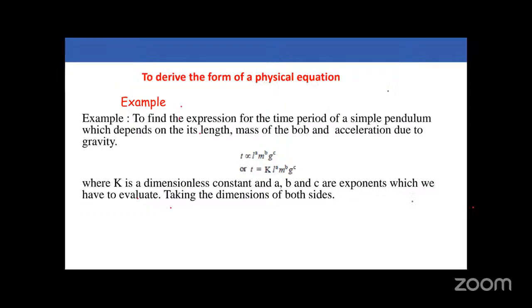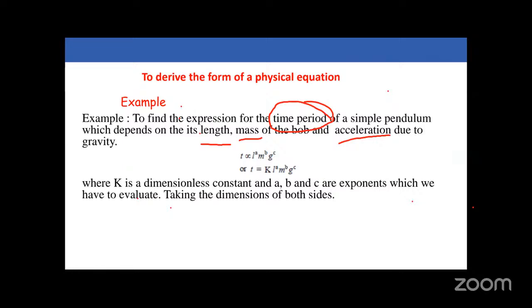So in this equation, the time period depends on length, mass, and acceleration due to gravity, 3 quantities. The time period is depending on 3 quantities.